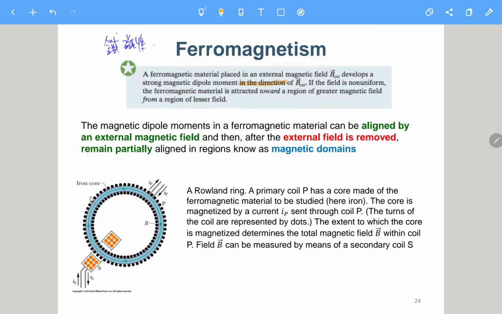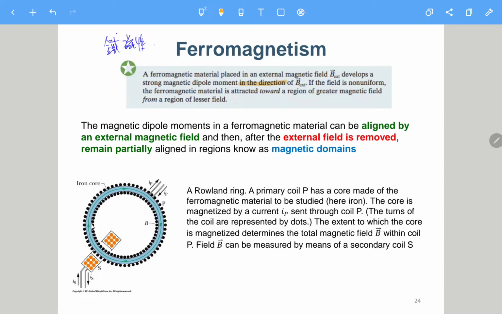Simply speaking, this is the so-called Rowland ring, and a primary coil P has a core made of the ferromagnetic material.